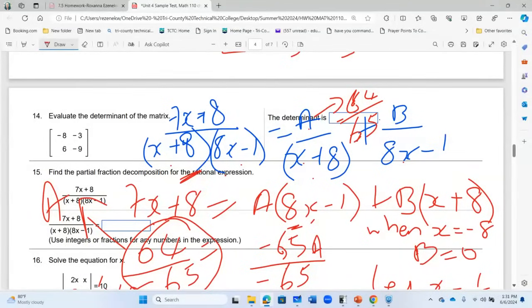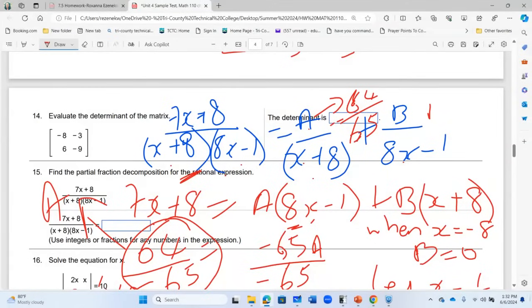And when you come to here, B is just 1. So the partial fraction decomposition of this will contain negative 64 over 65 in the numerator here, and B equal to 1 in the denominator.